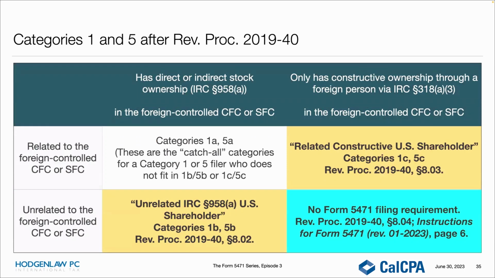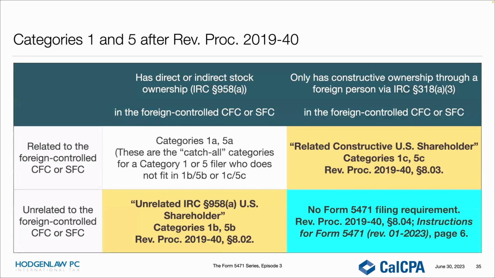If you're semi-lucky, in those little yellow or goldenrod blocks, you're going to have a reduced filing requirement. You're not going to have to file all of the schedules that Category 5 normally requires, or Category 1. And if you're in the white box, the catch-all for if you can't slot yourself anywhere else, you're going to be Category 5A or 1A. So that's how it's going to come out.